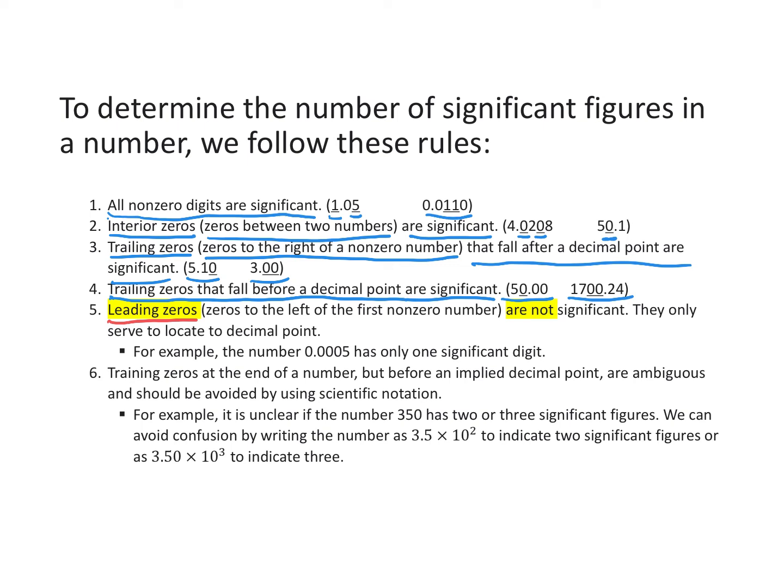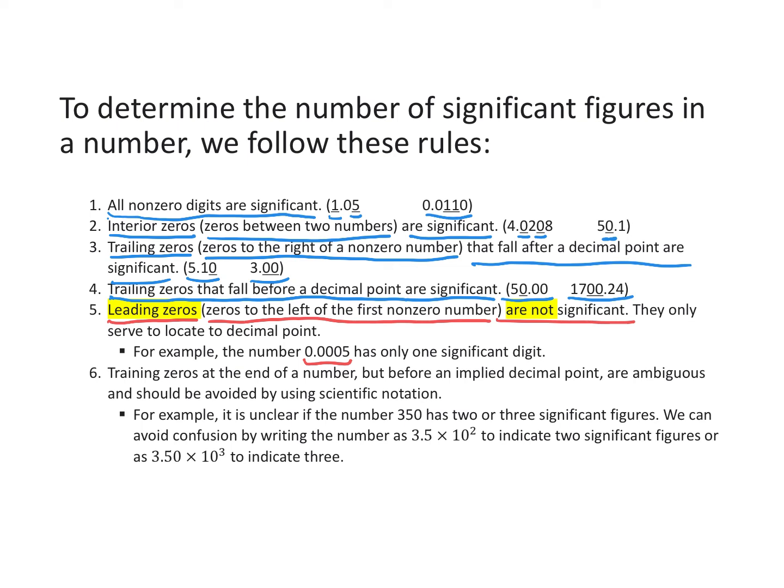Leading zeros are not significant. So now let's see what leading zeros are: zeros to the left of the first non-zero number. For instance, if you have 0.0005, this number has only one significant digit.